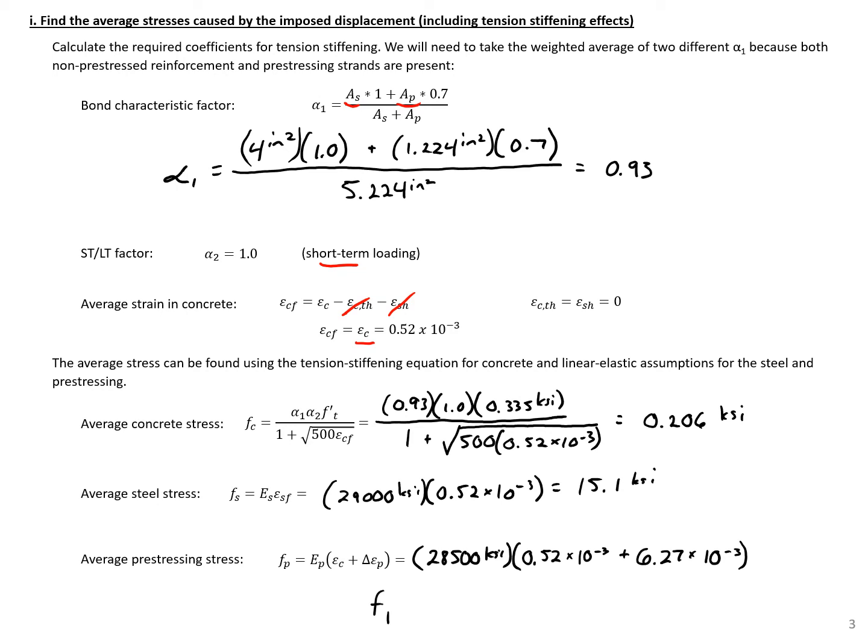So we'll find then our fp to be equal to 193.5 ksi. So now we have the stress in our concrete, in our steel, and in our pre-stressing.